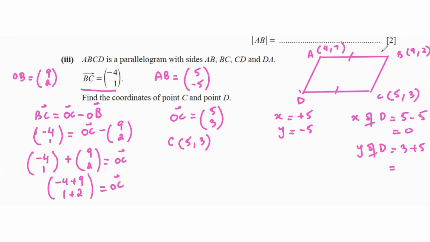Because if you look at the trend of AB, if we go in the left direction, the y coordinate increases and the x coordinate decreases, which means we subtract 5 from the x coordinate of C, that gives us 0. And we add 5 to 3, which gives us 8. So D has the coordinates of 0, 8. That is our answer.